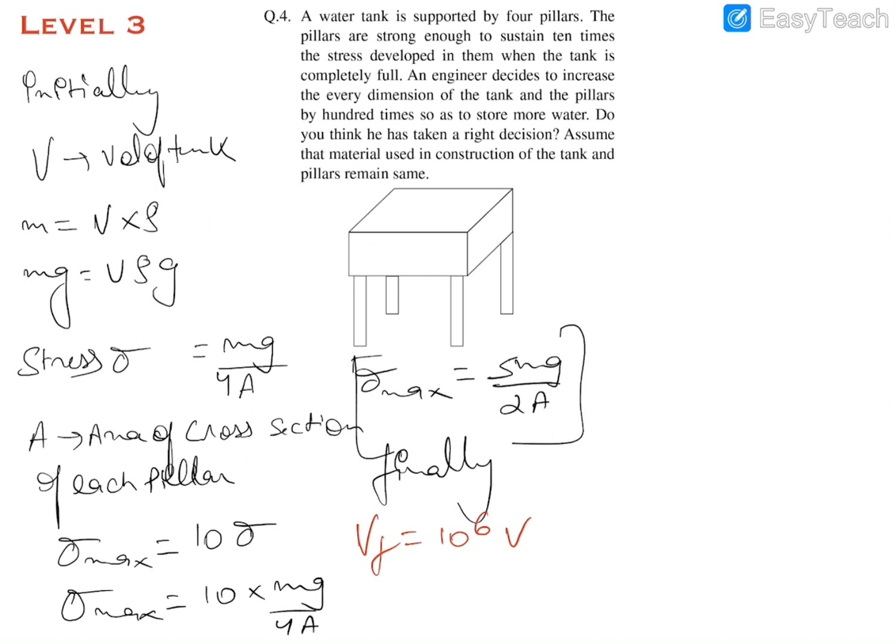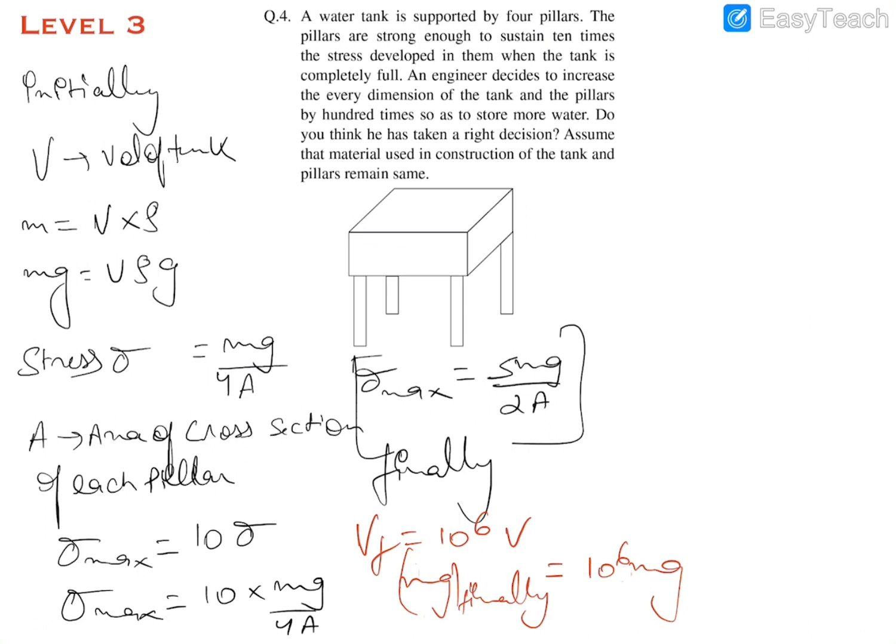So the final weight of the water in the tank, mg finally, will be 10 to the power 6 times the initial mg.